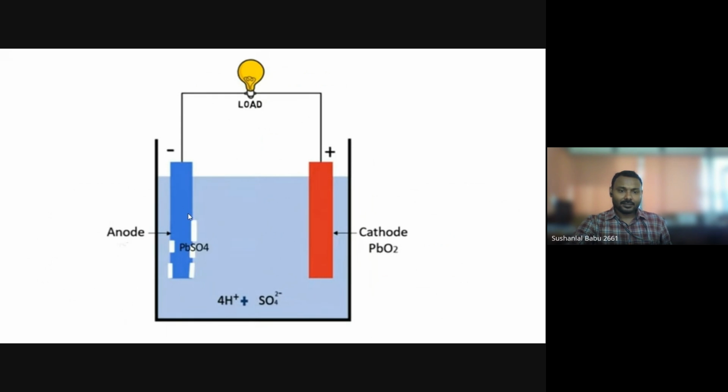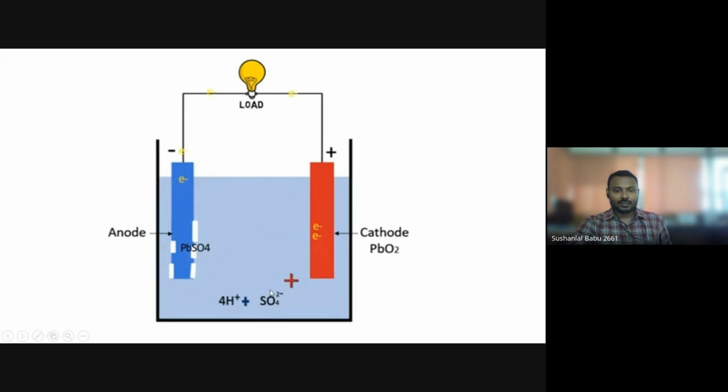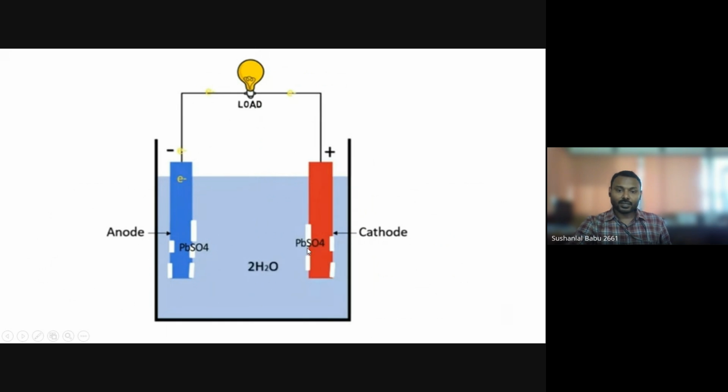Then only one SO4 2- is remaining in the electrolyte. The electrons released over the anode will go to the cathode, and this SO4 2- will react with the cathode to form PbSO4 again.